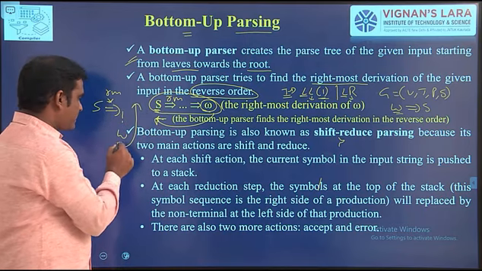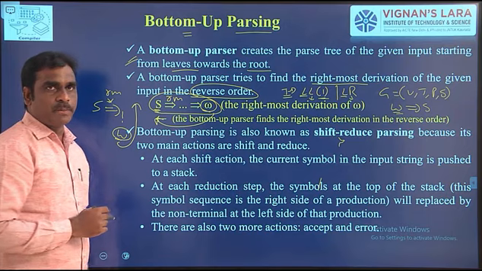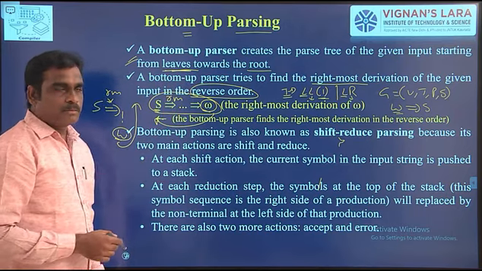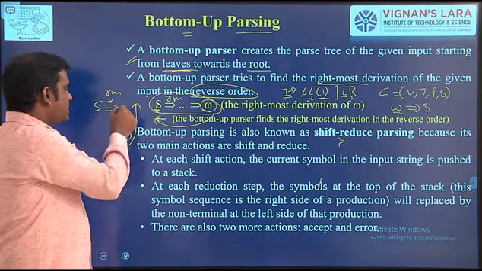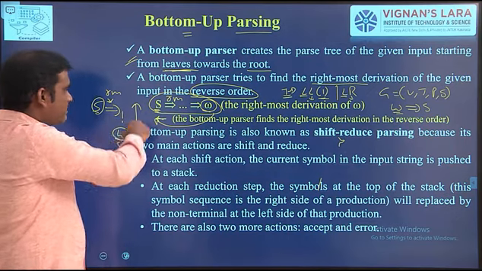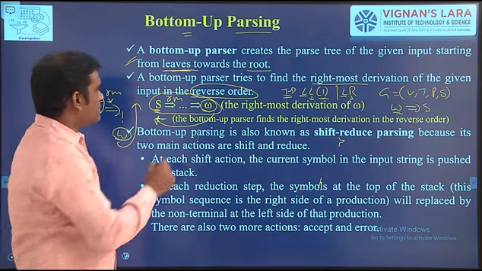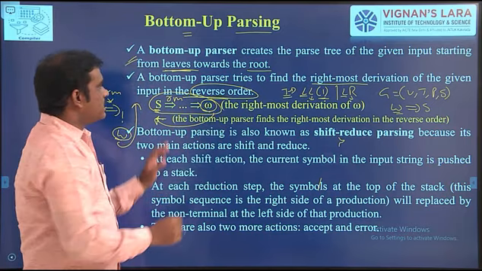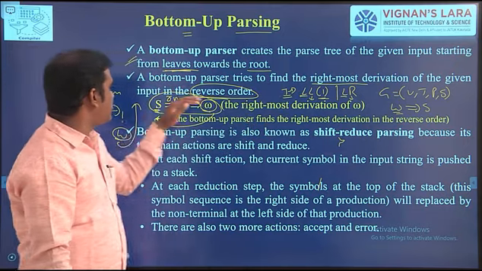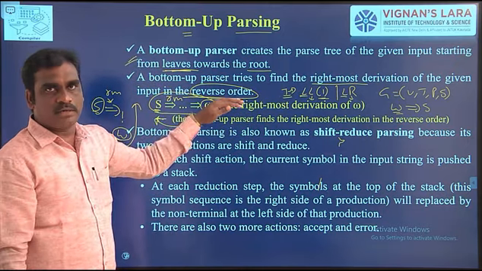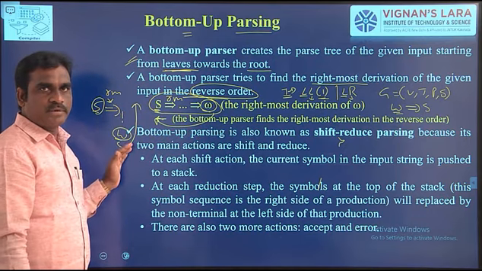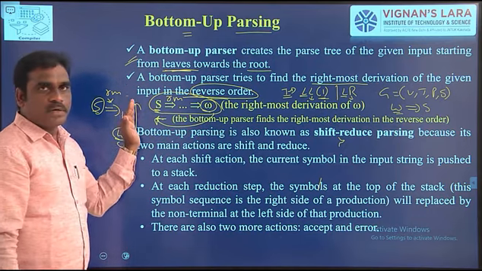That means it starts with W. What is W? Input string. Input string means it starts with leaf nodes and moves towards the starting symbol of the grammar, that is root element. So the reverse of rightmost derivation. This is the meaning. A bottom-up parser tries to find the rightmost derivation of the given input in the reverse order. So first construct rightmost derivation and then reverse it.